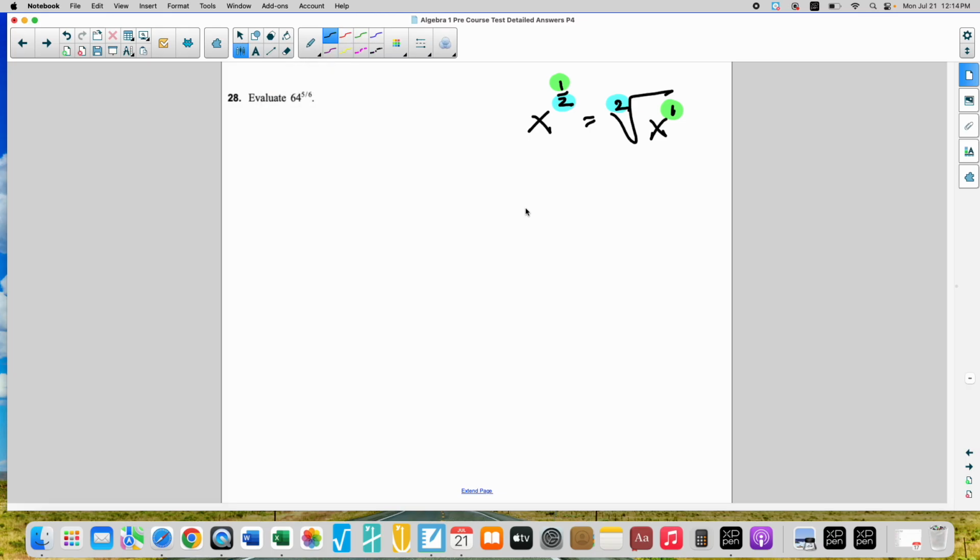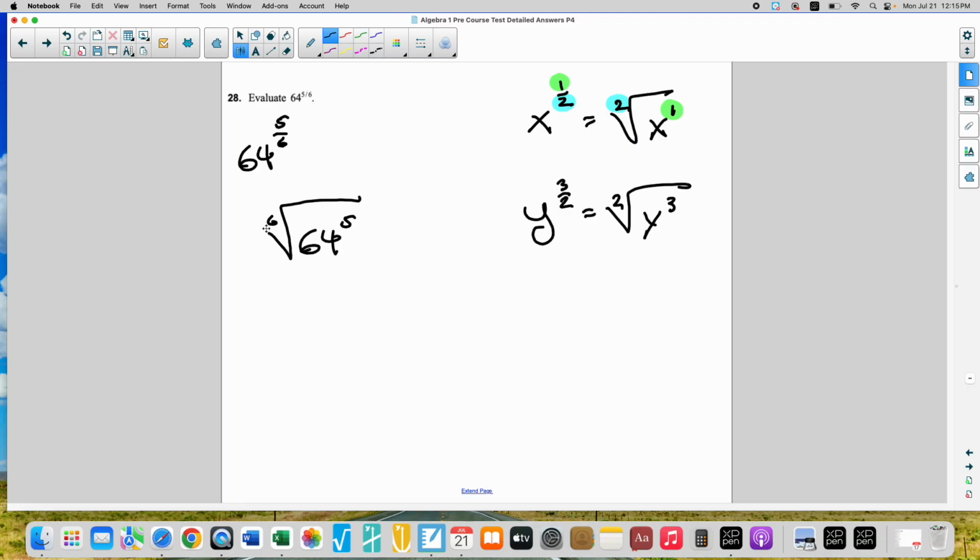If we saw y to the 3/2, that's going to equal y to the third and then the square root. Okay, so in this one, we can flip it. We have 64 to the 5/6, so that's 64 to the fifth, and then the sixth root of it, because that's the denominator.